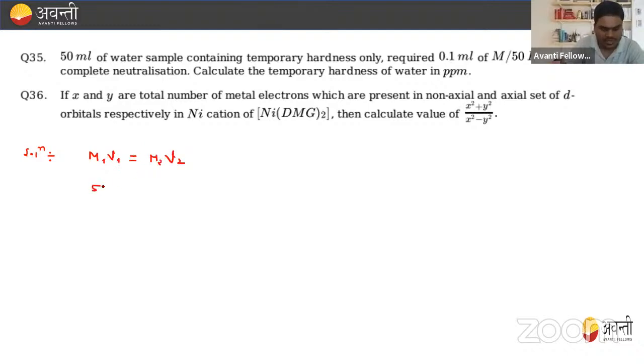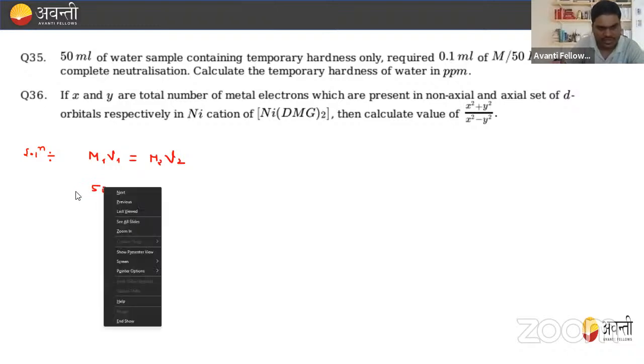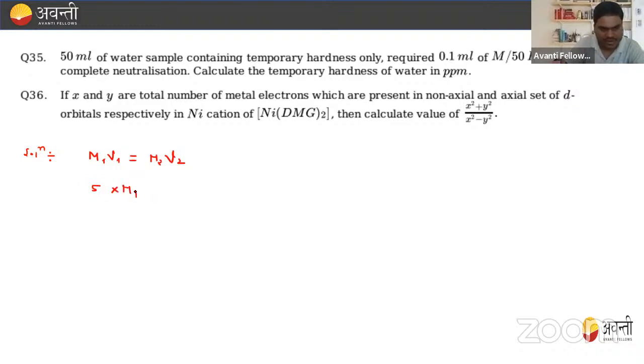So here the volume is 50 and M1 you need to calculate, right? Here it is already given 0.1 ml and the molarity is M by 50.